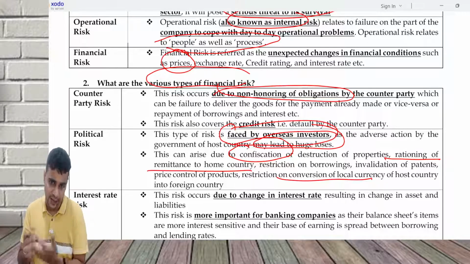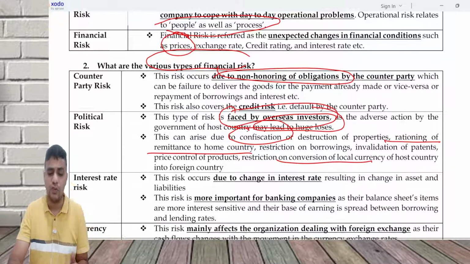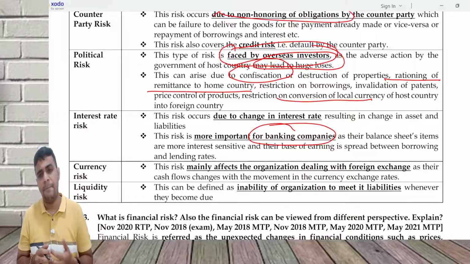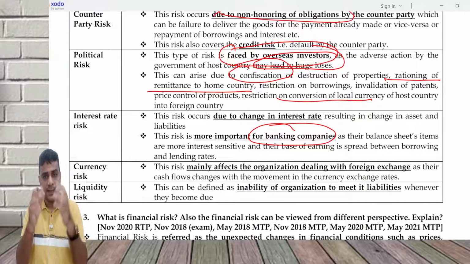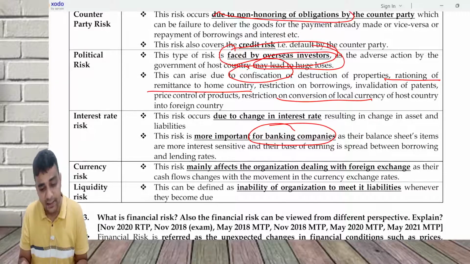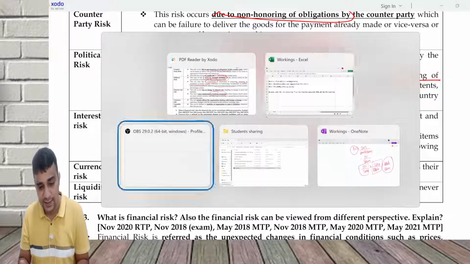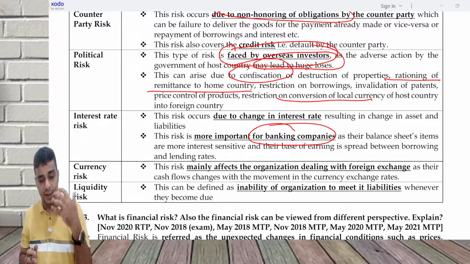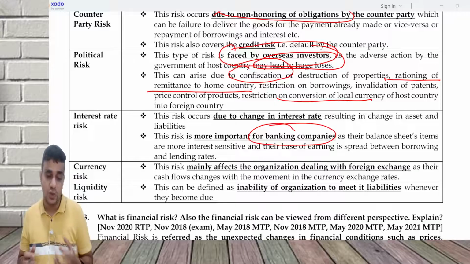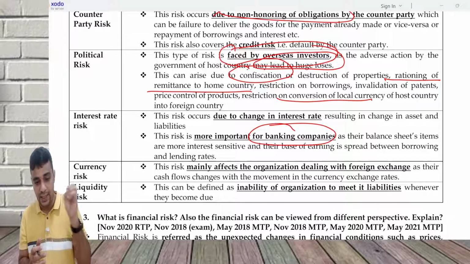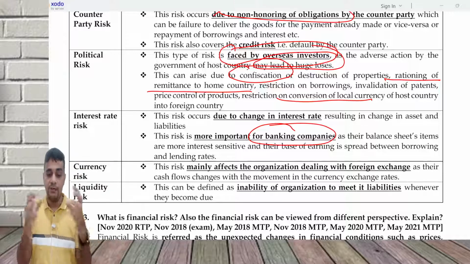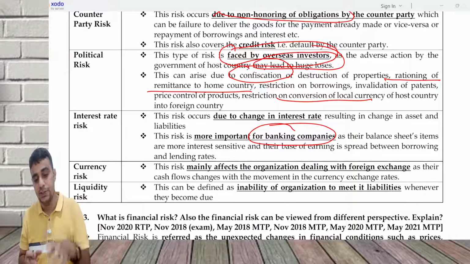As I had explained in the IRRM chapter, this risk is mostly prevalent for banking companies, because their balance sheet primarily has interest sensitive assets as well as interest sensitive liabilities. Whatever income they generate is out of the assets which generate interest and liabilities where interest is paid out. So a combination of that is what leads to income.